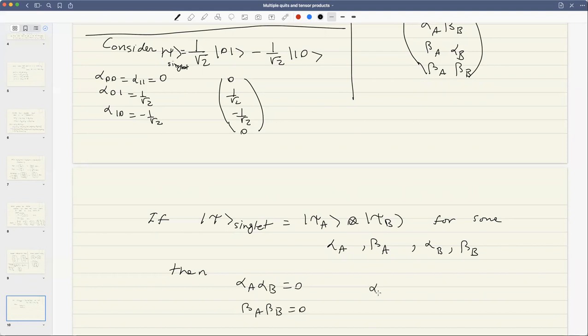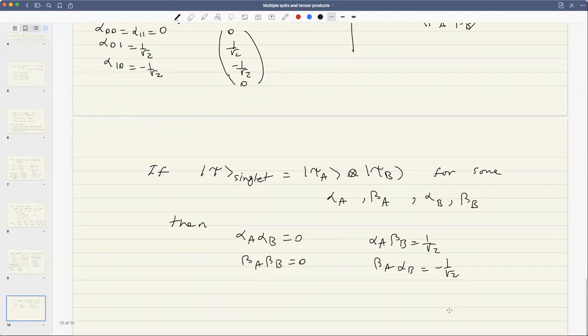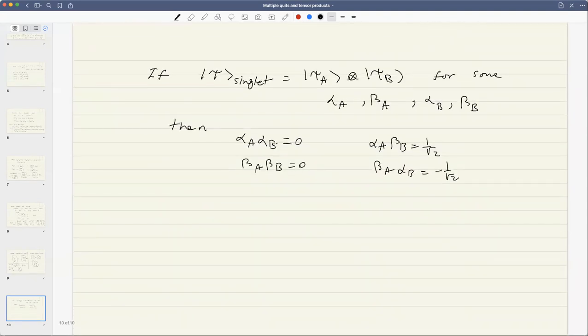And then we want alpha A, beta B to be 1 over square root 2, and beta A, alpha B to be minus 1 over square root 2. All right, so if I think a little bit about this, I see if that's the case, then I have two possibilities. Either alpha A is 0 or alpha B is 0. And if beta A, beta B is 0, again, one of them must be 0. So I have four possibilities if these two equations hold.